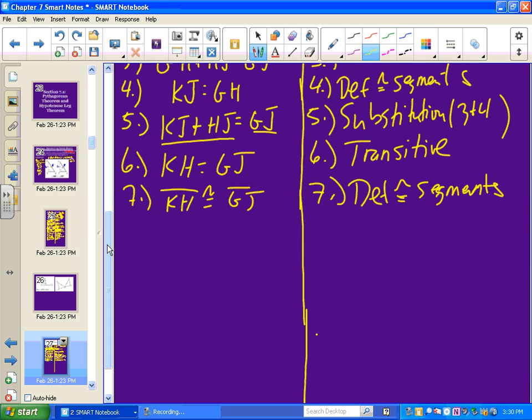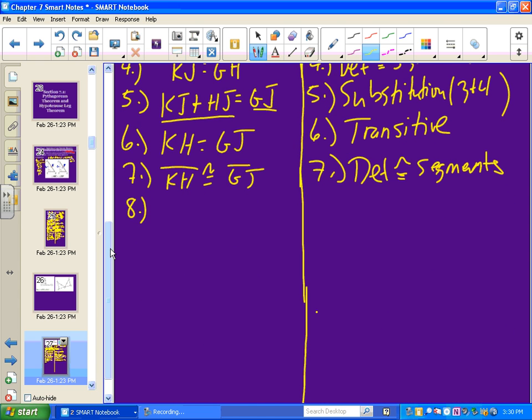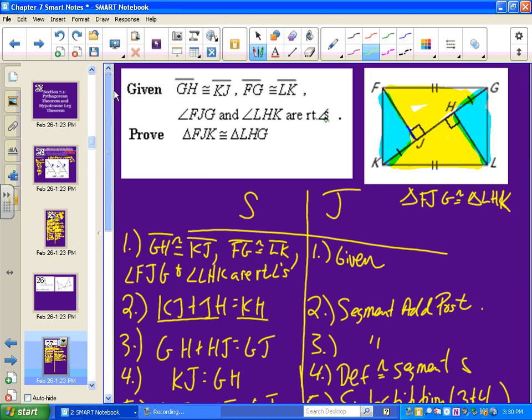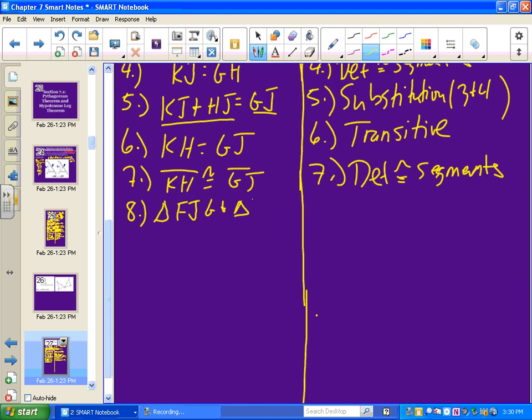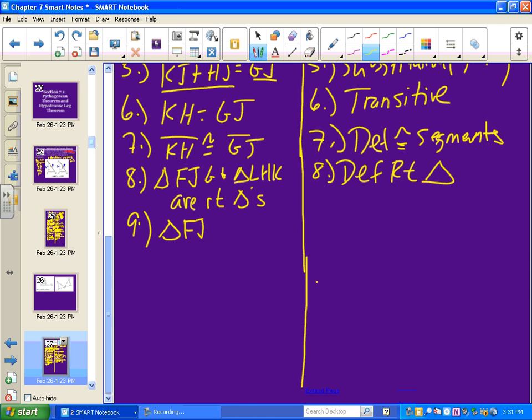So going back down, step number 8, triangle FJG and triangle LHK are right triangles. That's the definition of a right triangle. And now that they're right triangles and we have the hypotenuse and the leg congruent, we can say that triangle FJG is congruent to triangle LHK, and that's hypotenuse leg.